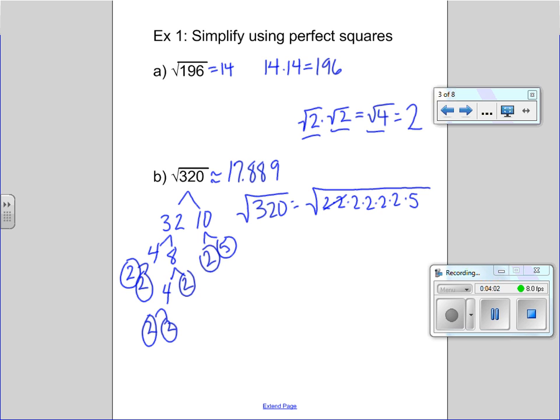This radical 2 times radical 2 is going to give me just 2. This radical 2 times radical 2 will give me just 2. And this radical 2 times radical 2 will give me just 2. So what I'm left with is 5 inside of that radical. 2 times 2 times 2 will give me 8. Radical 5. This is my final answer.